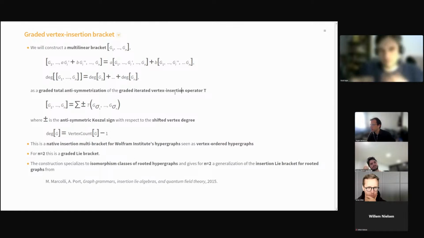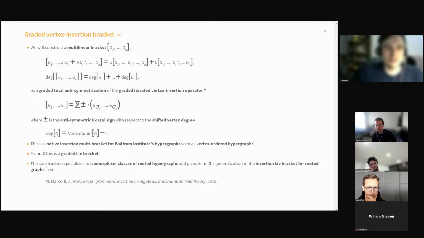Just a spoiler for the future slides. The insertion operator on n graphs takes the rightmost graph, takes its root, and inserts the root into the previous graphs. On each step it obtains another rooted graph and inserts it into the previous one, and it does this in all possible ways.